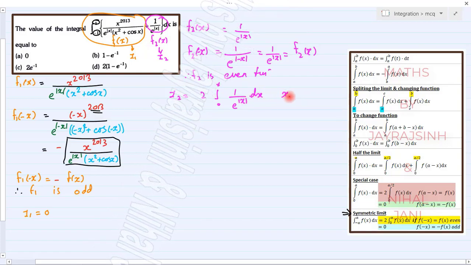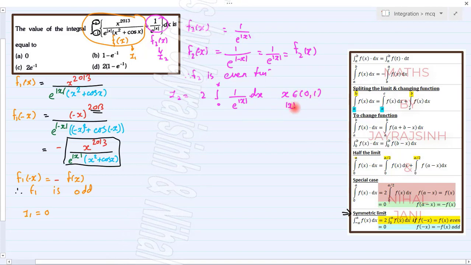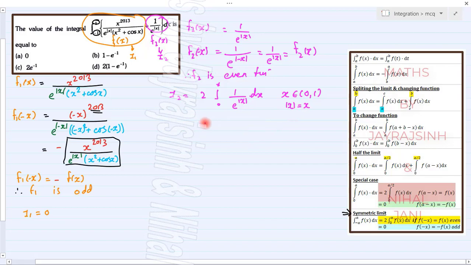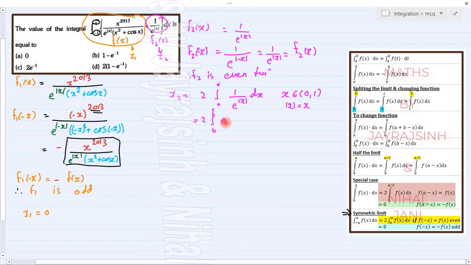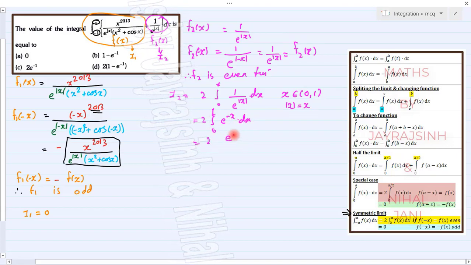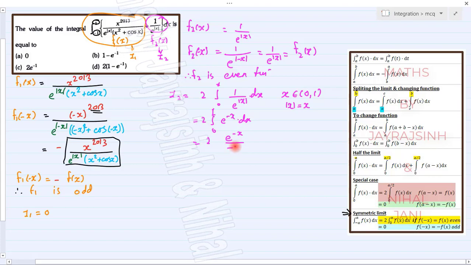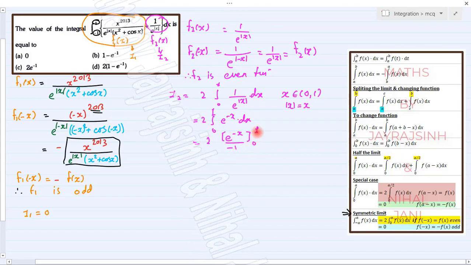And we know that x belongs to 0 to 1, and in this interval mod x will be x. So here we just have to integrate e raised to minus x, which is simply e raised to minus x upon the coefficient of x, which is -1. Limit is from 0 to 1.